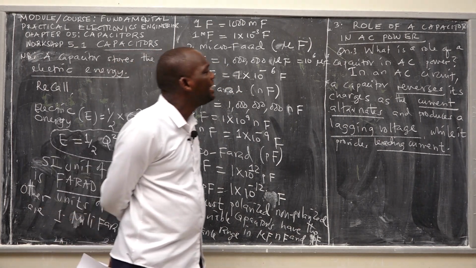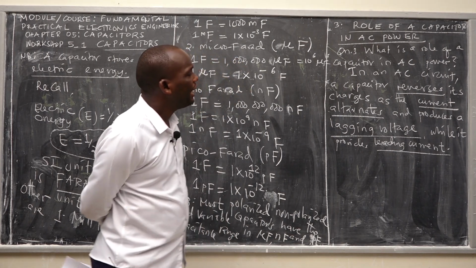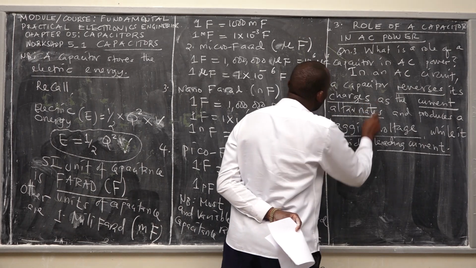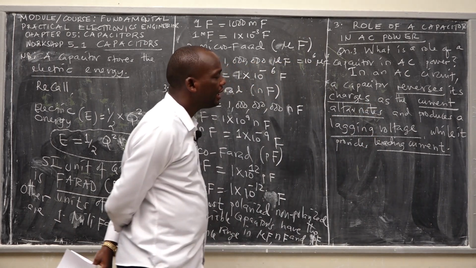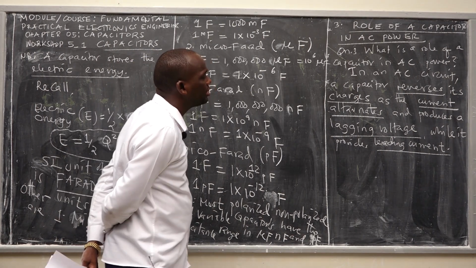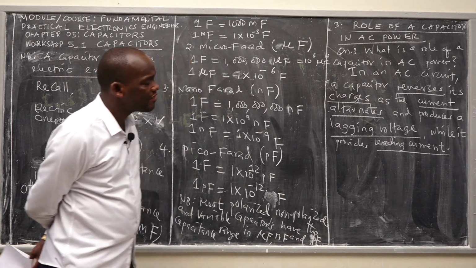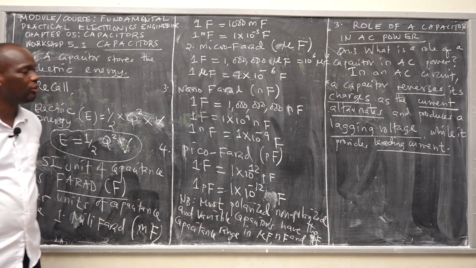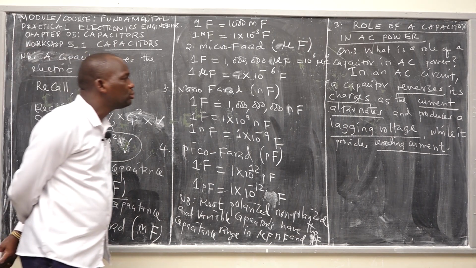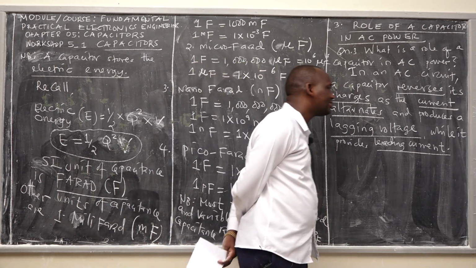We say in an AC circuit, a capacitor reverses its charges. Reverses what? As the current alternates and produces a lagging voltage while it provides leading current. These two terminologies, say lagging.